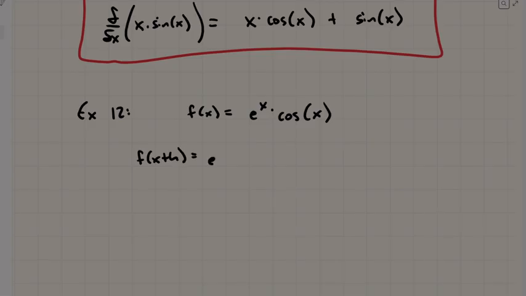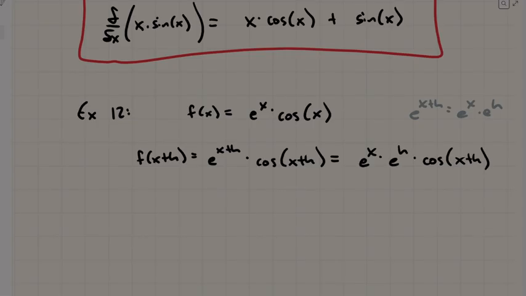We substitute that in, it's just going to be e to the x plus h times cosine of x plus h. Remember, we discussed earlier, e to the x plus h is equal to e to the x times e to the h. So we can actually rewrite our f of x plus h as e to the x, e to the h times cosine of x plus h.